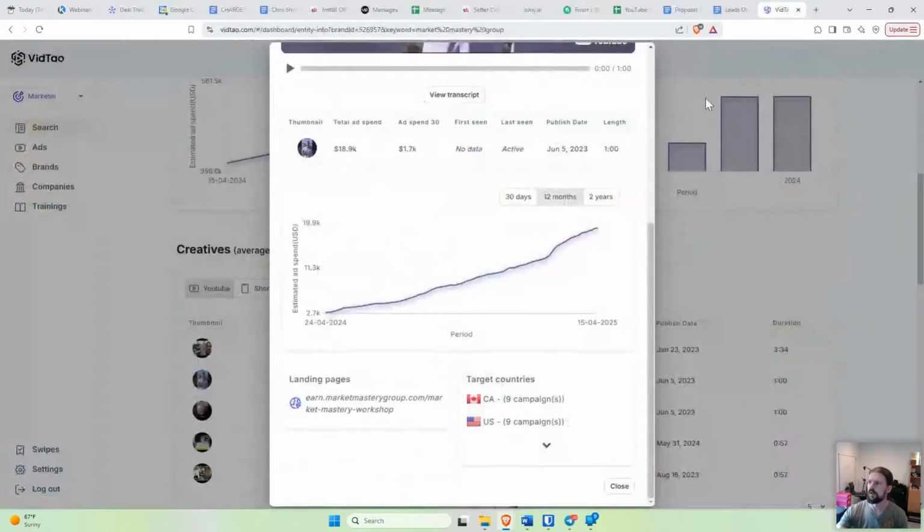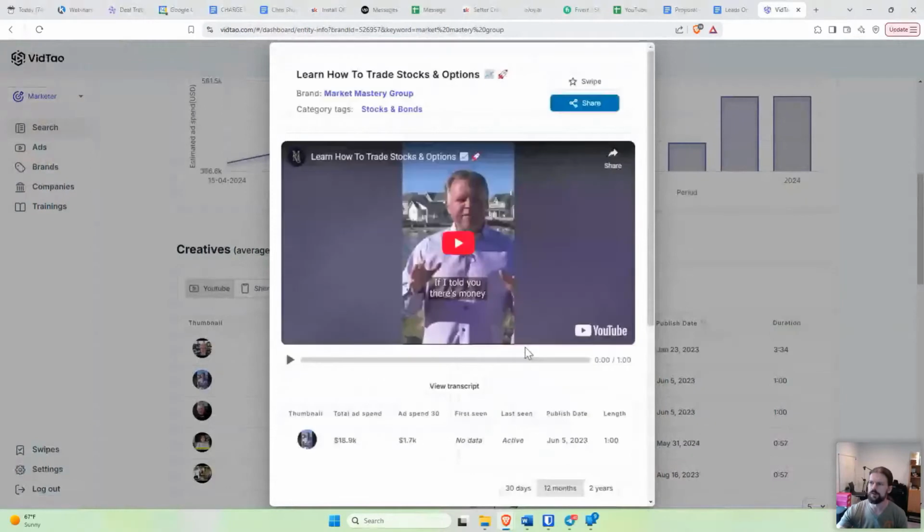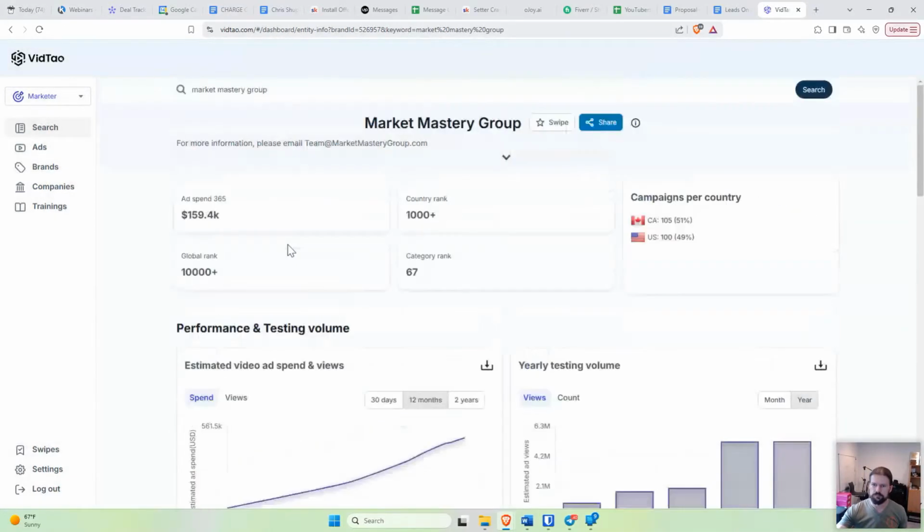So just knowing that, it gives you a lot of data on what's working already in the market. And I can watch this ad and see what kind of hook they're using, what kind of evidence they're using that their thing works, how in-depth they're going into their explanation, etc. So thanks, Hans. That's a good illustration.